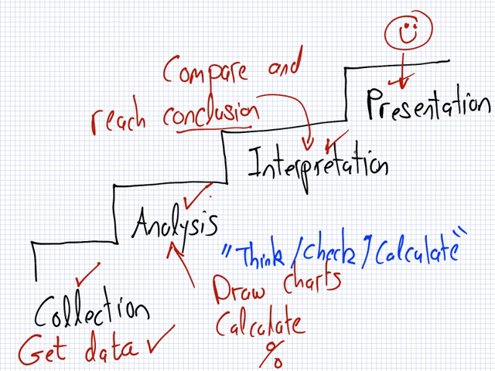You have to say A, B, C, D. Match the stages of work above. There's 1, 2, 3, 4. You have to say which stage it is. So you can see collection, analysis, interpretation, presentation. You have to write 1, 2, 3, 4 here. Match these 2. You understand? There's the numbers and there's the letters.